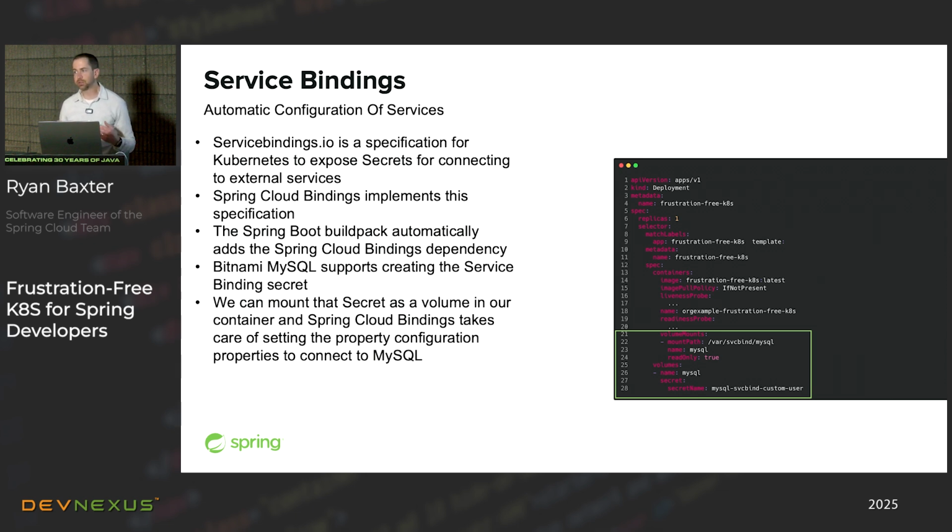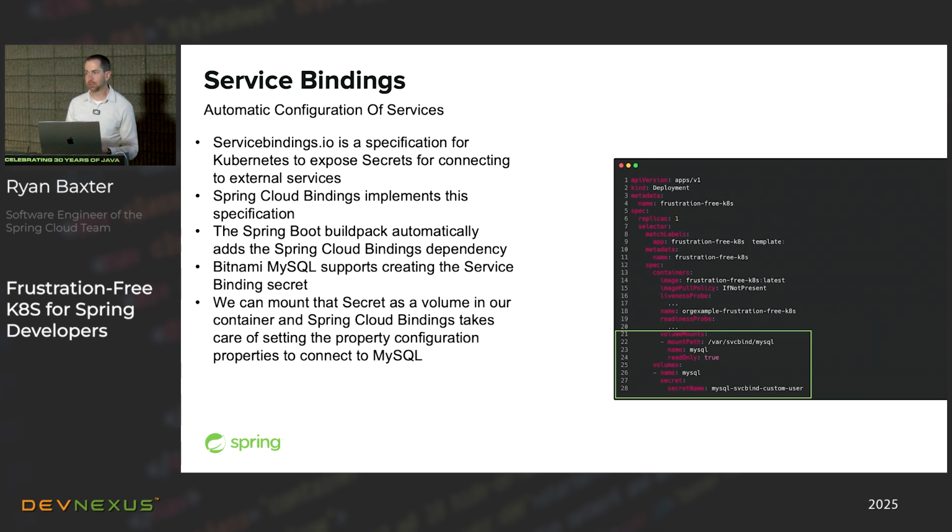And it tries to solve this problem in a standardized way for all the different kinds of services, not just databases, but any kind of third-party service that you might need to use when you're running on Kubernetes. And the way it does this is by exposing something called Kubernetes secrets, which is basically sensitive configuration information for connecting to that service.